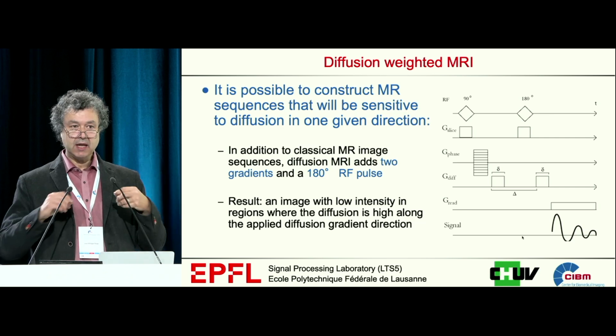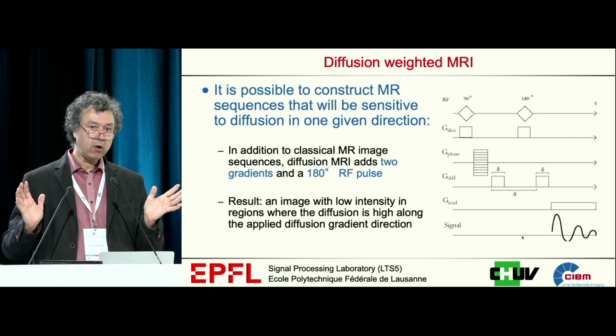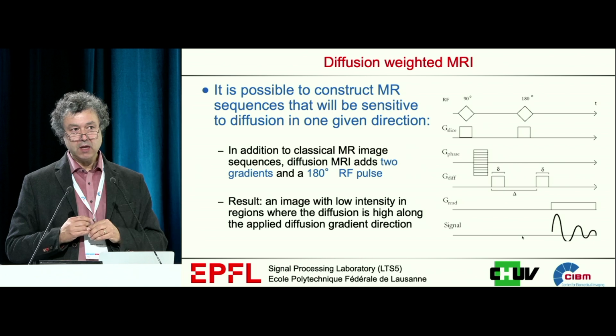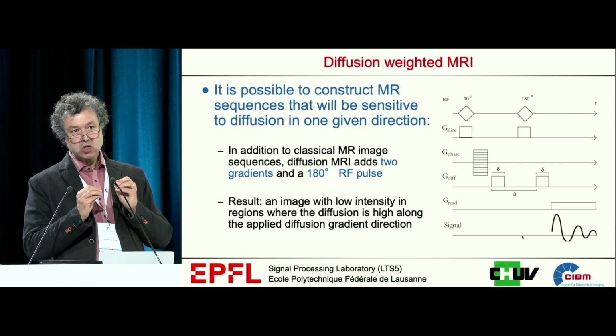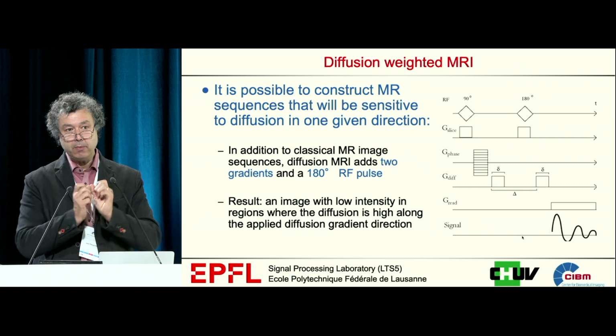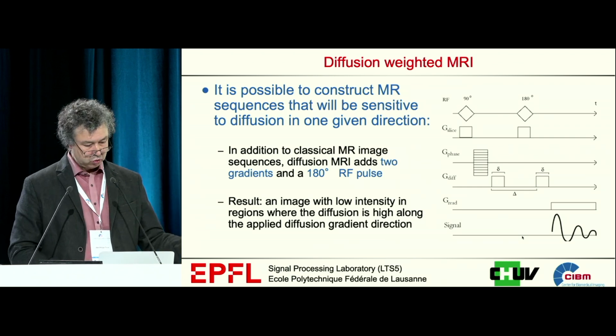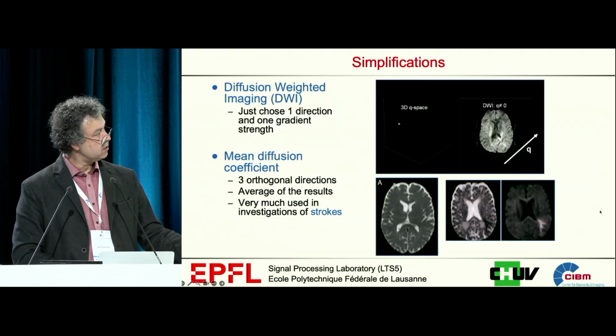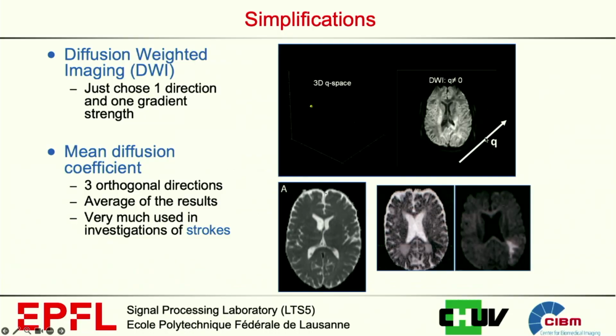So we basically get an image which is a normal MR spin echo image, but where the contrast is affected by the ability of the water molecules to diffuse in some directions. And without going too much into details, we can, for instance, make an image that is sensitive to the ability of the water molecules to diffuse, say, in this direction. It's not a 3D perspective, it's really this direction.